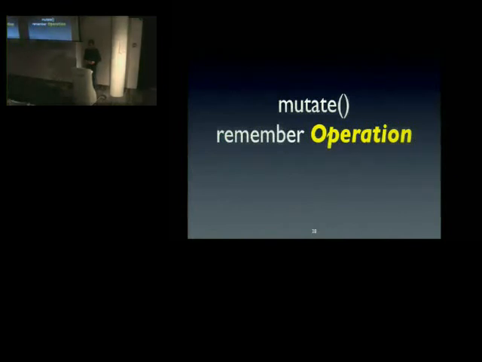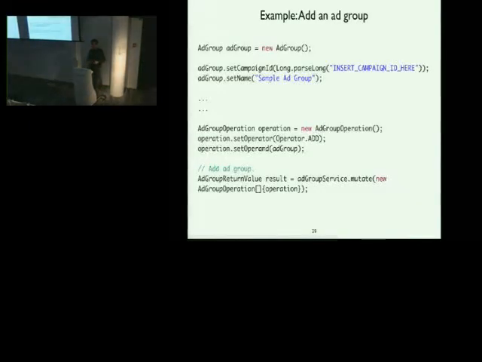There's also the mutate operation. In that, you need to remember the word operation. So get is selector, mutate is operation. Here is an example of mutate. Over here, I'm adding an ad group. Initially, I'm creating an ad group object. I am setting its campaign ID, setting the name and whatnot, a few operations like that. Then I'm creating an operation object. I'm saying set operator equals operator.add.